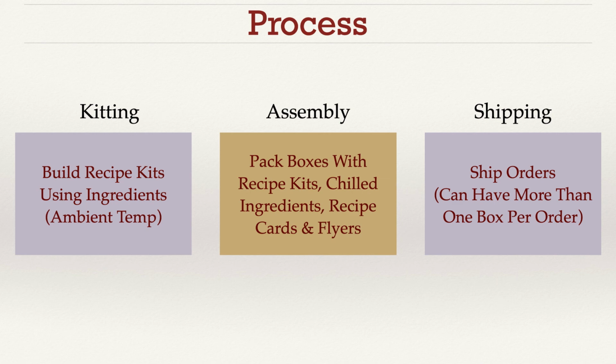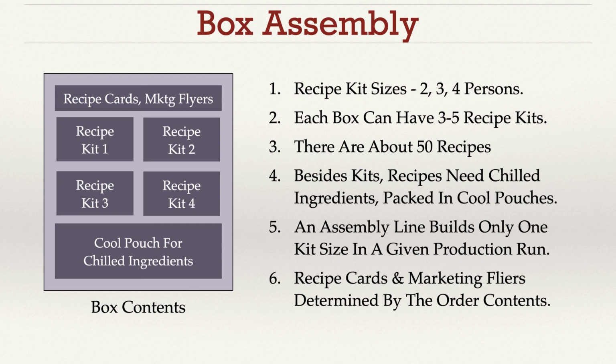Assembly is essentially packing the boxes with recipe kits, then putting in some chilled ingredients in pouches and sealing the pouch, and in the end adding a few recipe cards and marketing flyers, and shipping the orders. You can have more than one box per order on certain occasions if the order is large.